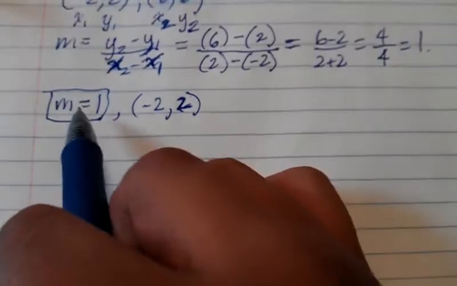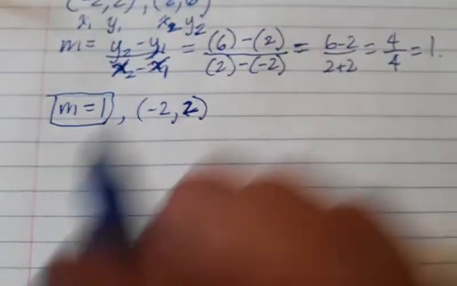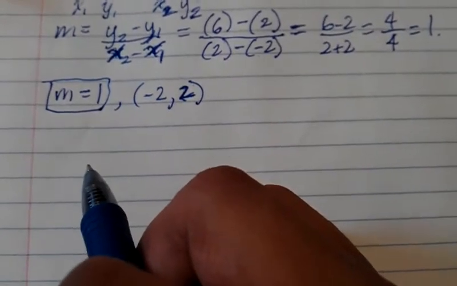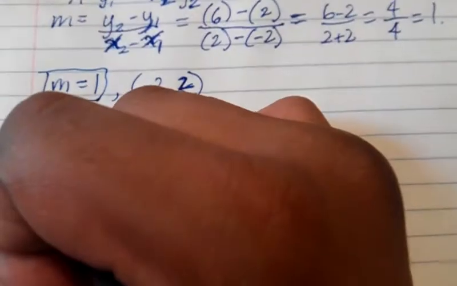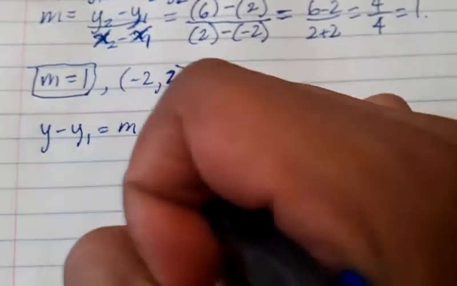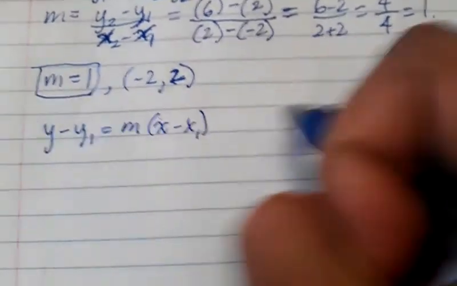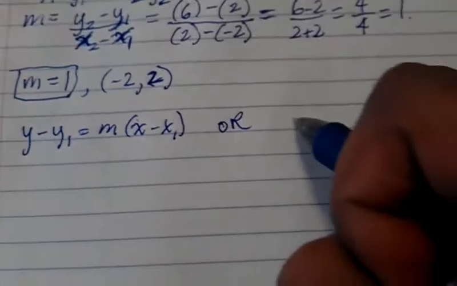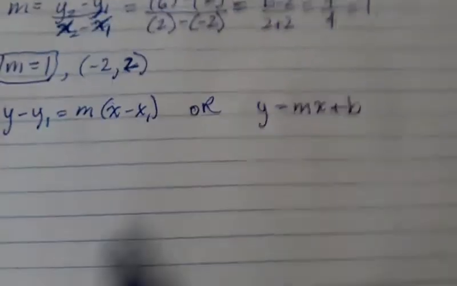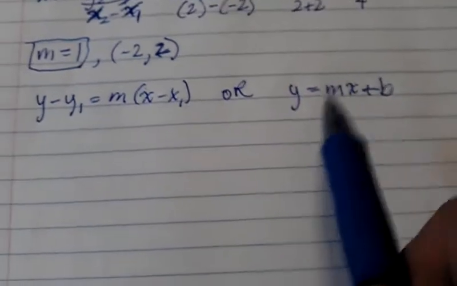Alright? Now let's continue. The formula for the equation of the line in slope-intercept form, or point-slope form, is either y minus y1 equals m times x minus x1, or y equals mx plus b. The difference between these 2 formulas is simple.